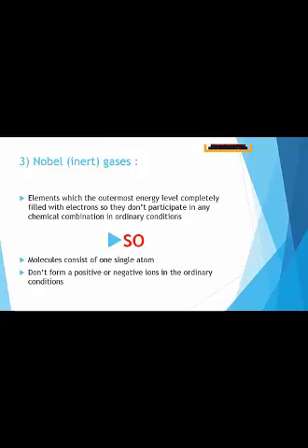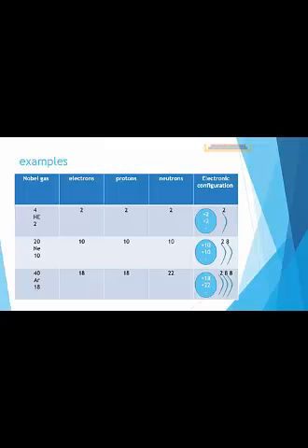So their molecules consist of a single atom. As a result, these elements don't gain or lose electrons, so they don't form positive or negative ions in ordinary conditions, such as helium, 2, 4.